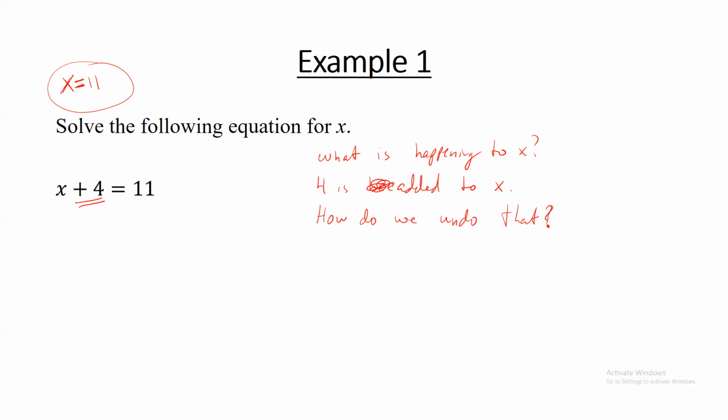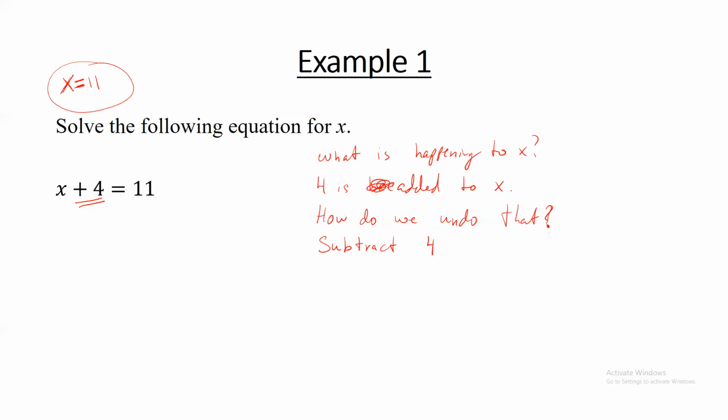And when we say, how do we undo that, it's always that we do the opposite. Well, for example, if I took 3 steps to the right, how would I undo it? Well, I would take 3 steps to the left. So since 4 is being added to x, the way to undo it is to subtract 4.